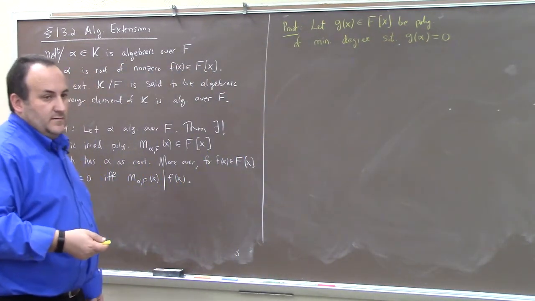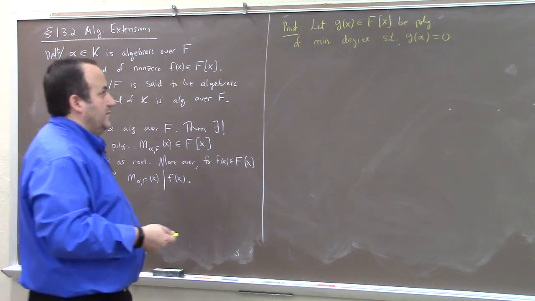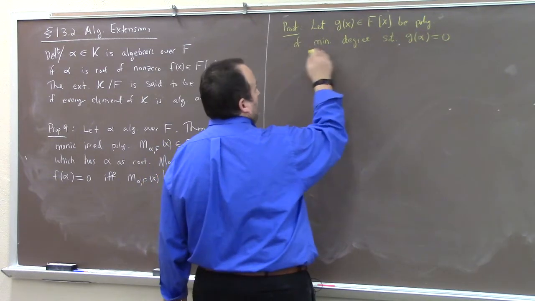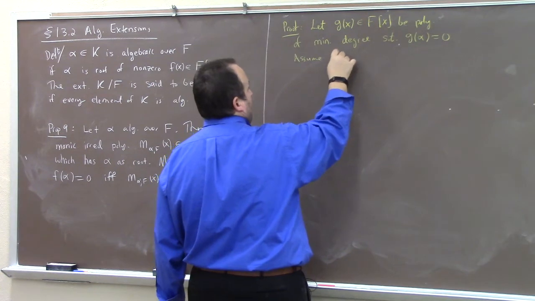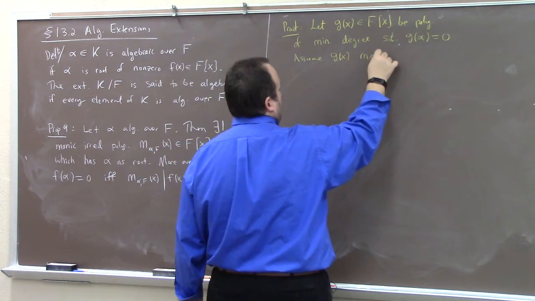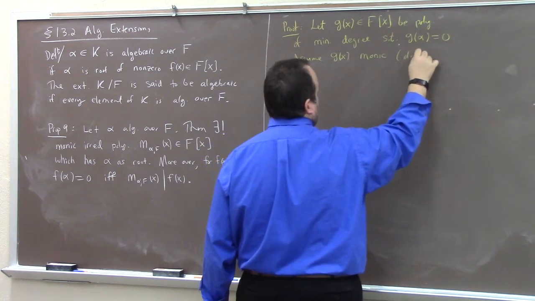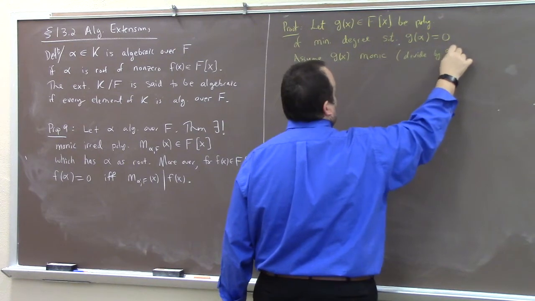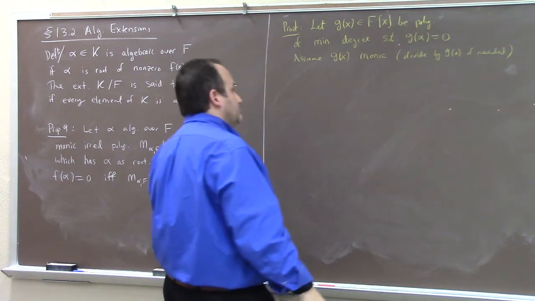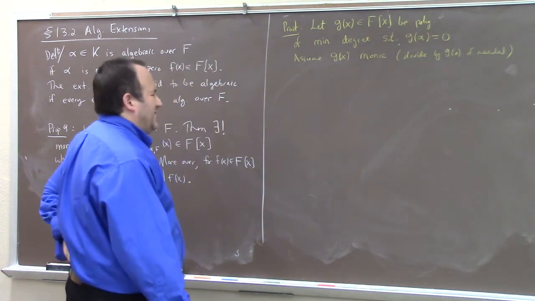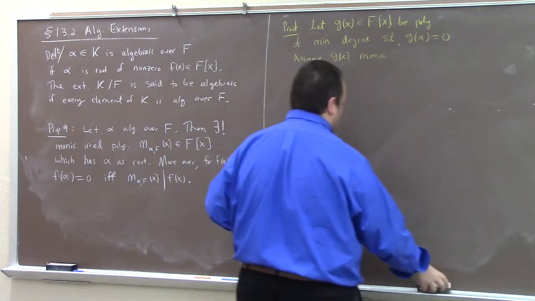We can modify g by dividing by its leading coefficient to make it monic, so we'll assume g of x is monic. Anyway, divide by the leading coefficient if needed.